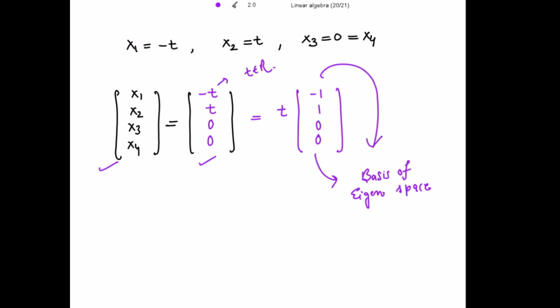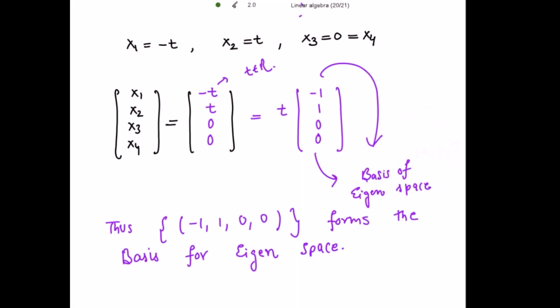So thus, let me write this: minus 1, 1, 0 and 0. This forms the basis for eigenspace. So this is all about the eigenvalue lambda 1 equal to 0. For this eigenvalue, we have got this to be our eigenvector and this to be the basis for the eigenspace.